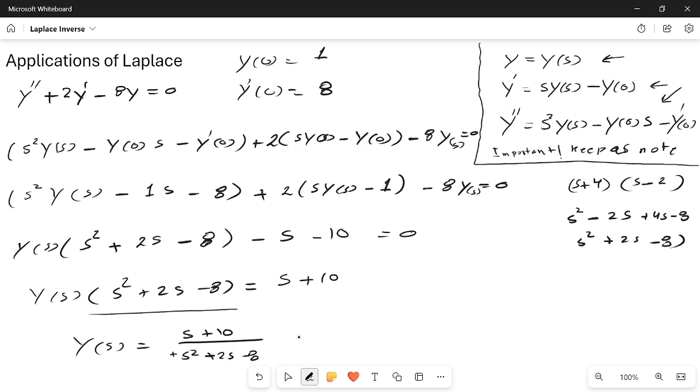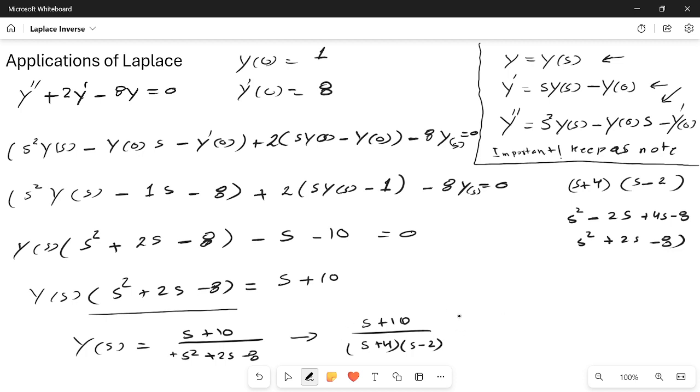So our fraction becomes s plus 10 divided by s plus 4 multiplied by s minus 2.